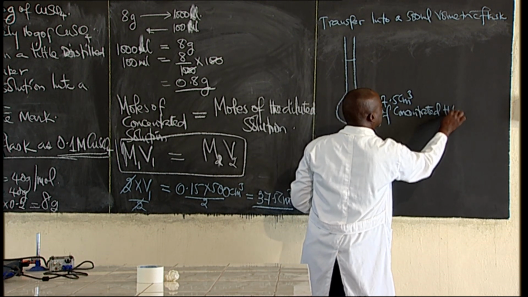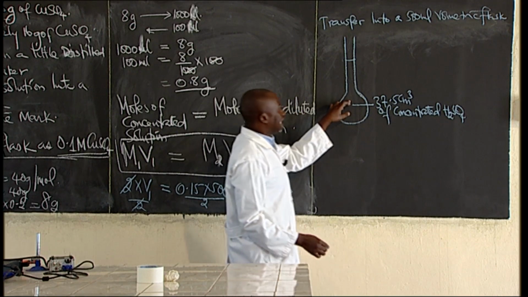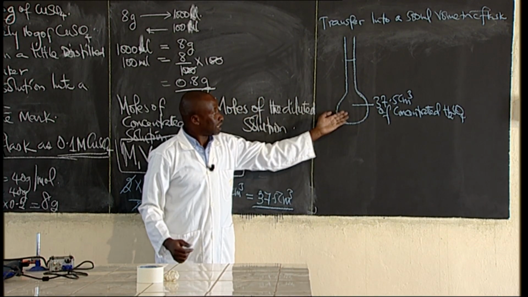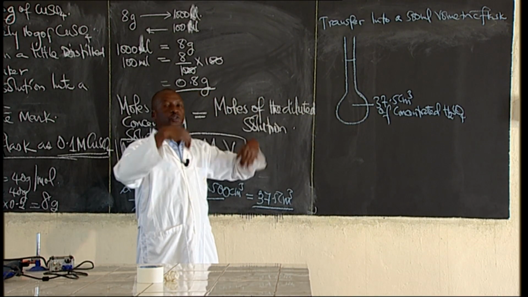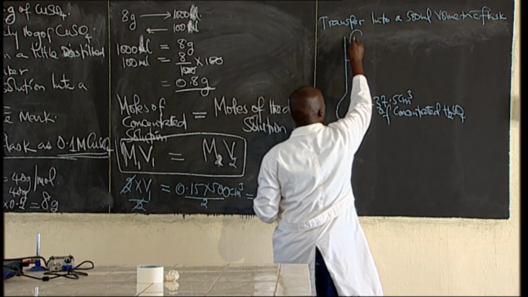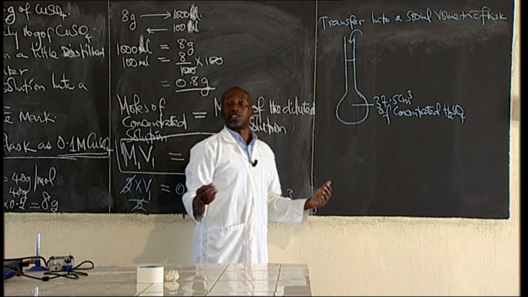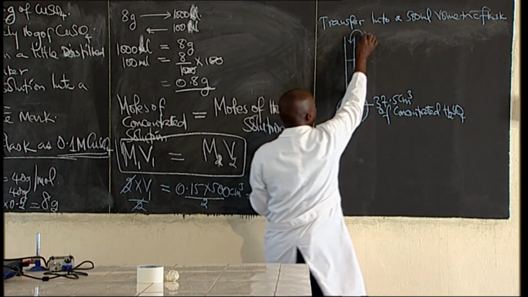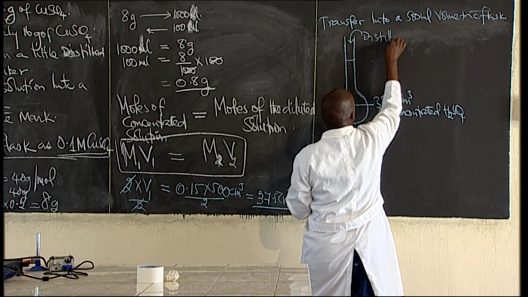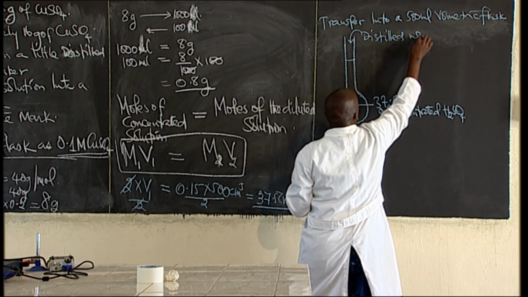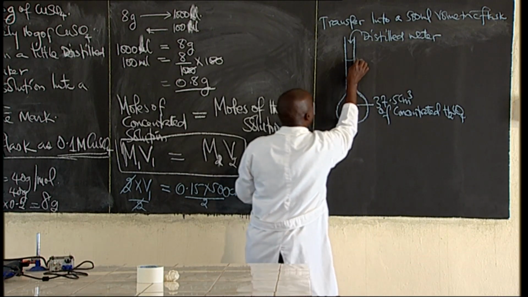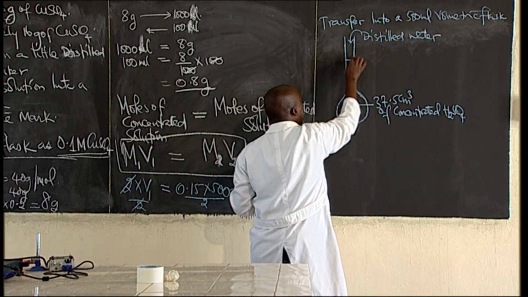Now, in this concentrated sulfuric acid that you have measured, fill the flask with distilled water. So you have to add distilled water up to this mark. You have to be very accurate.